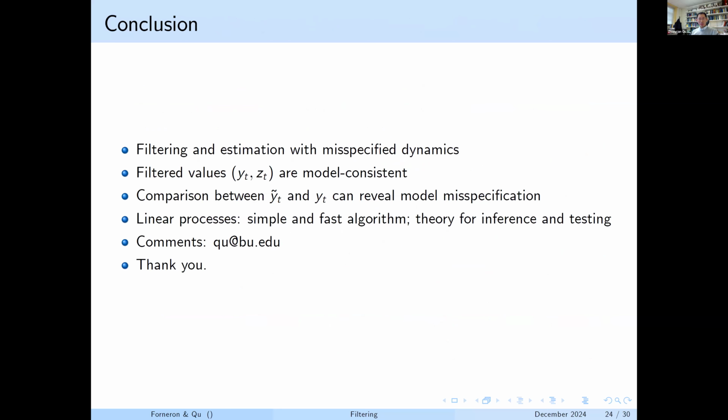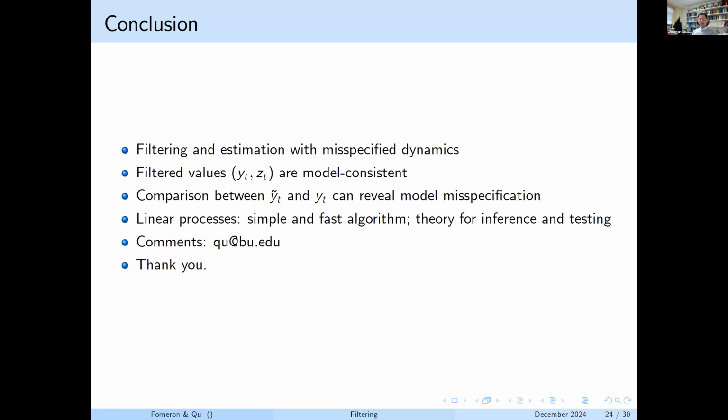That's the main part of my talk. Let me conclude. So we provide filtering and estimation procedures that take into account model misspecification, and the filter values of the states are model consistent by construction.